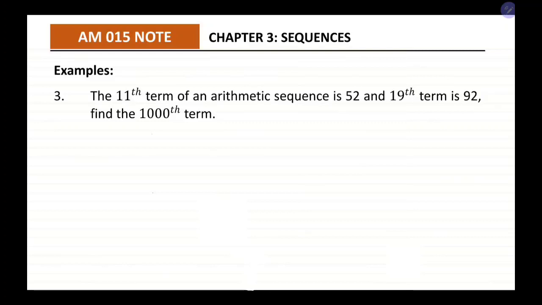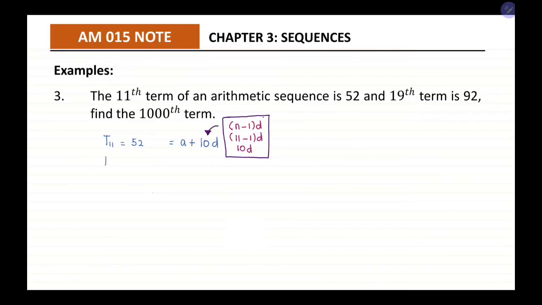We go to example 3. The 11th term of an arithmetic sequence is 52 and the 19th term is 92. Find the 1000th term. Okay, from the question we know that T11 is 52. So we take out the formula for T11, which is a plus 10d.